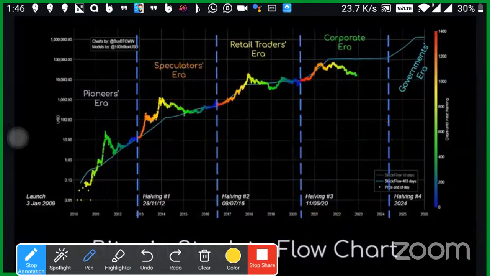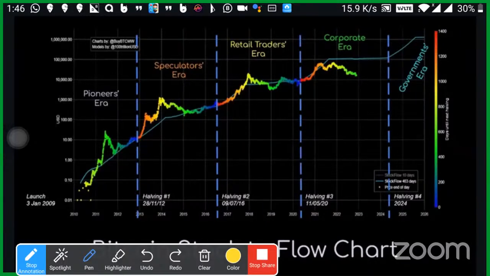So if you are not new to this chart, you must understand the trend of the market. What is the trend of the market? So if you study this chart, you come to know a few truths that make you understand, that make you believe in the power of Bitcoin.